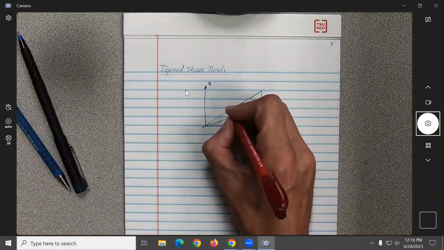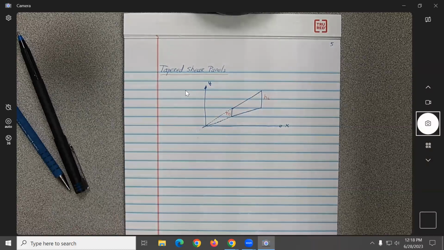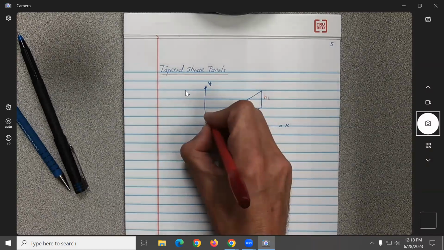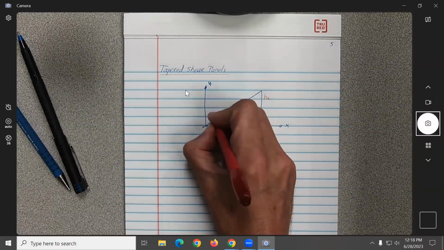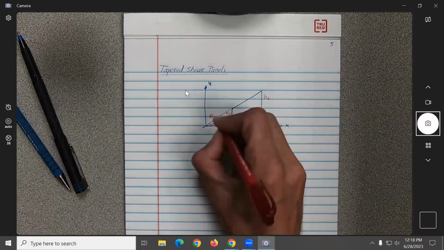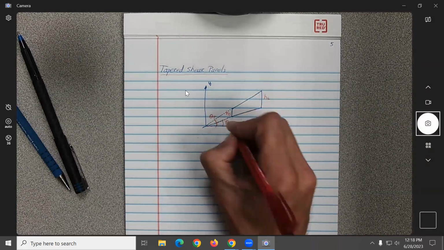This one would be H sub S for short. This would be theta T for top. And this would be theta B for bottom.